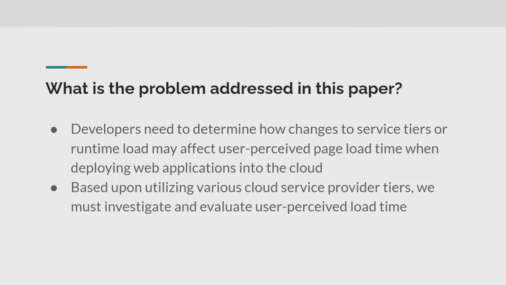So the main problem that the researchers were attempting to address with this paper is that developers, particularly first-time developers and small developers, go into developing an application for the cloud environment without knowing too much about the different types of cloud configurations that might be out there.